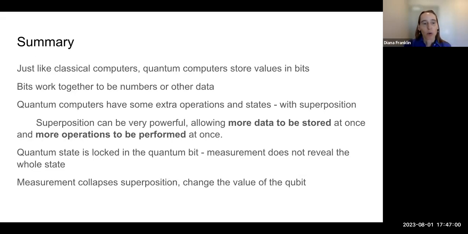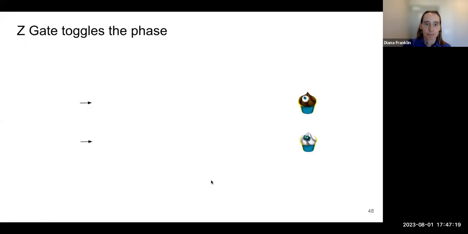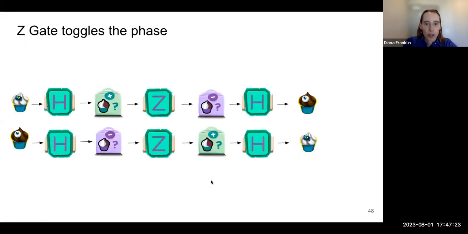Unfortunately though, quantum state is locked in the quantum bit, and measurement does not tell us exactly what the state was, and measurement collapses the superposition, so we lost the more complex parts of the state by measuring it.